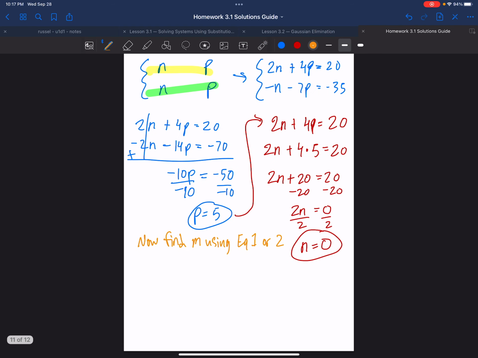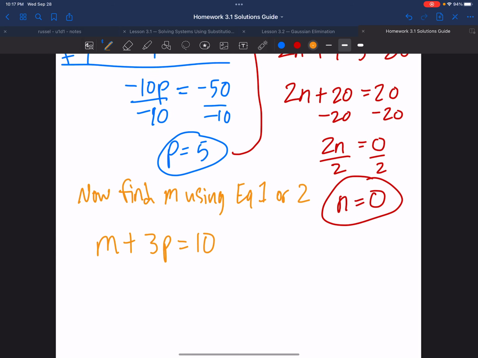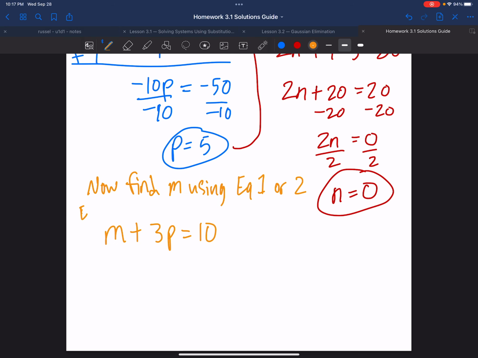M plus 3P equals 10. This is equation 2. So M plus 3 times 5 equals 10. So M plus 15 equals 10. Therefore, M equals negative 5 by subtracting 15 from both sides.